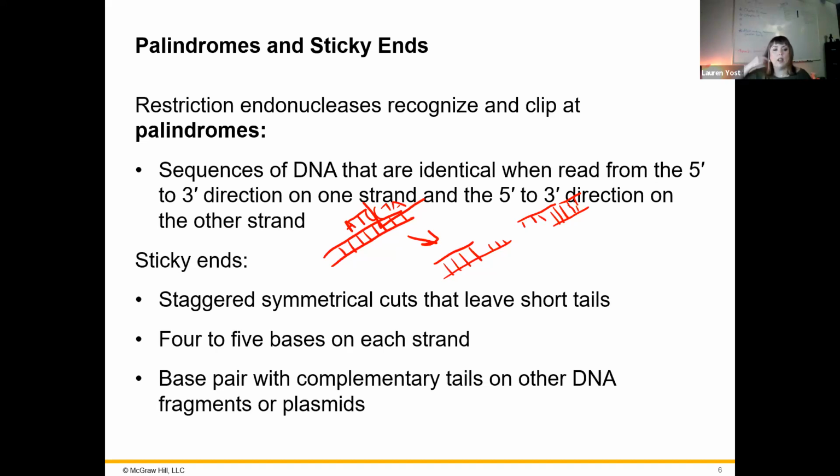The whole sequence that the restriction endonucleases act on is about 10 base pairs, and the ends themselves are four or five base pairs that we can hybridize, with matching nucleotides, to insert DNA. So here's a better picture of what I'm trying to say.